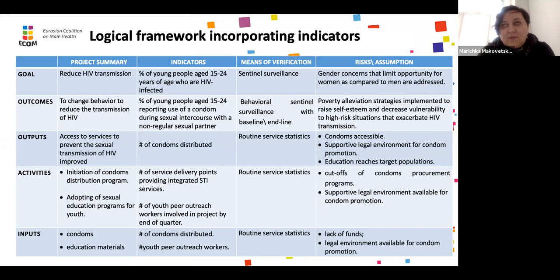That's why it's important, when you design your programs, to think about these gender differences between men and women, and maybe design your activities in a way that women will feel more powerful, or more strengthened to say no to sex without a condom or something like that.